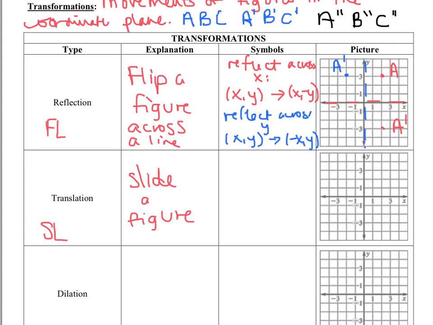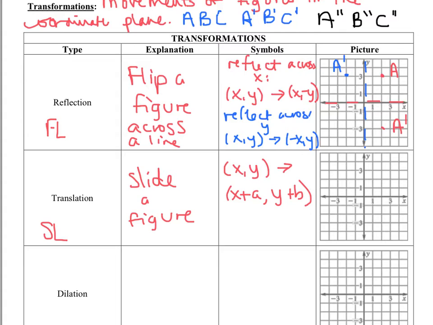So if you start with a point x, y, and if the x coordinate gets translated by a value of A, you're just adding A, and if the y coordinate gets translated by a value of B, you're adding B. Keep in mind that A could be positive or negative. If A was positive, the figure would be moving to the right. If it was negative, it would be moving to the left. If B was positive, it's moving up. If B was negative, it's moving down.